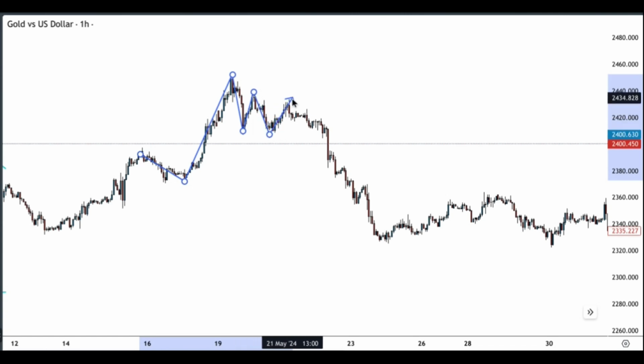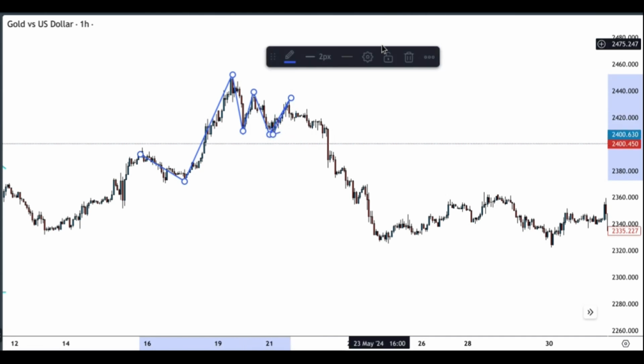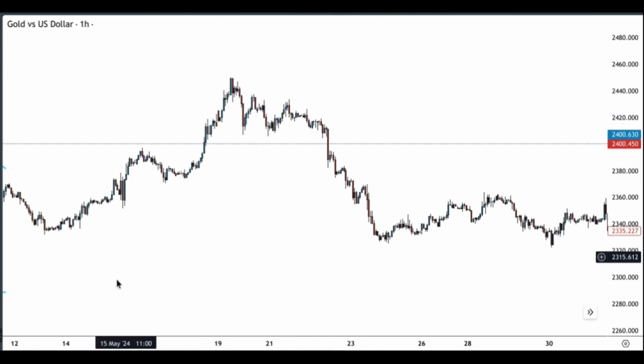No. Okay, yeah, I think the market structure shift really happened there. That is a change or break of structure. It happened right there, and see, the market went, retested that order block right there, and it started to rally down.